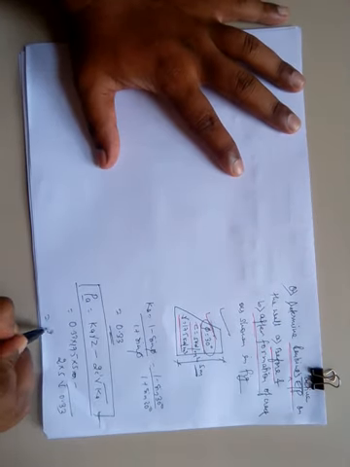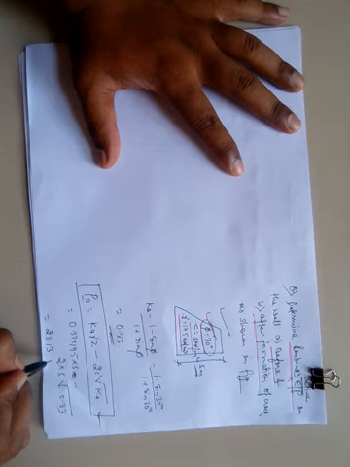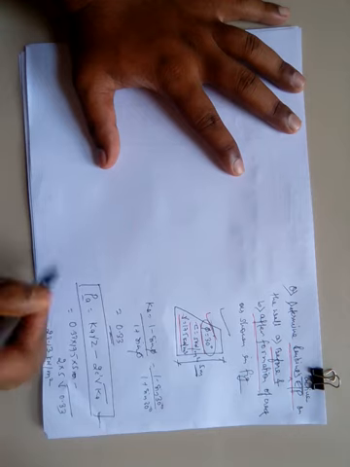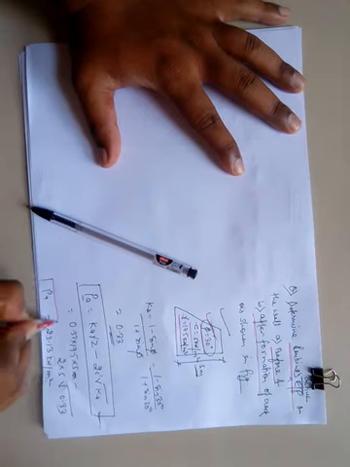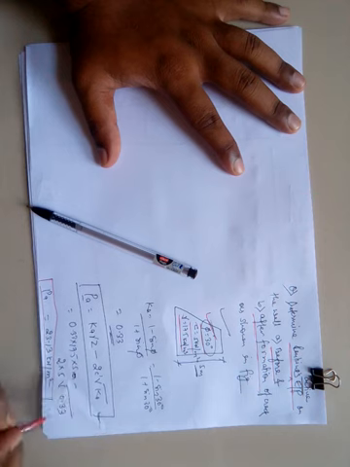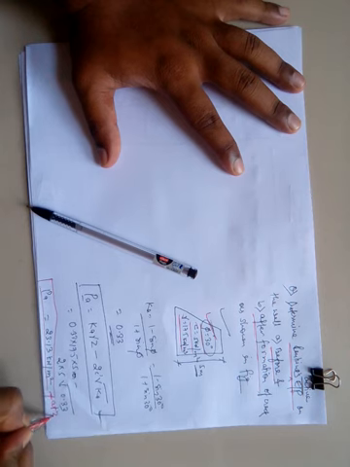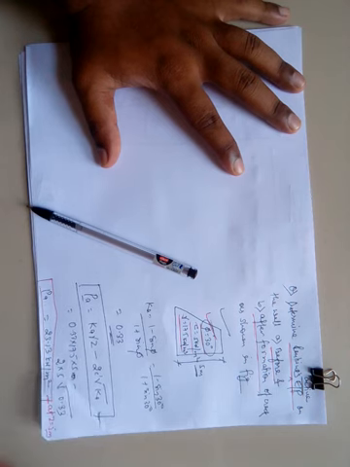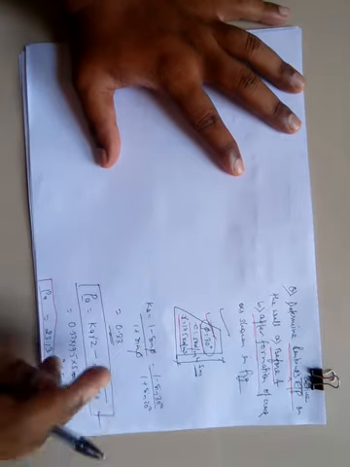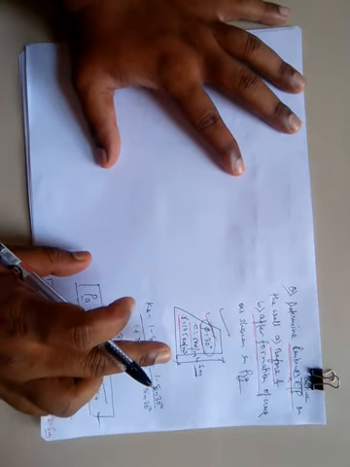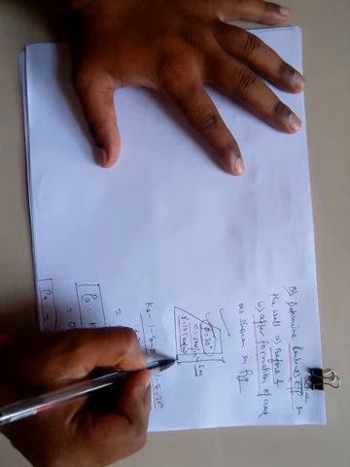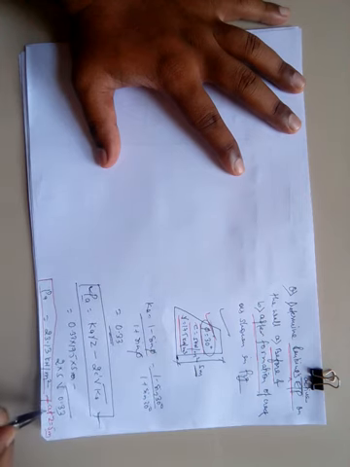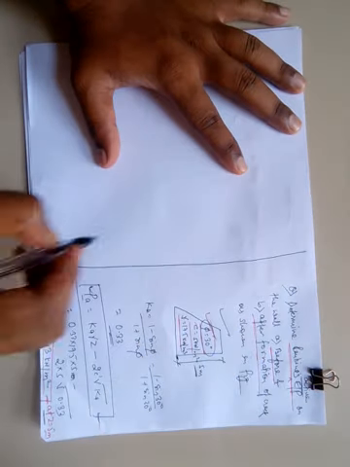It will be 23.13 kilonewton per meter square. Pa is this much at z is equal to 5 meter, means at the bottom of this retaining wall Pa will be 23.13 kilonewton.